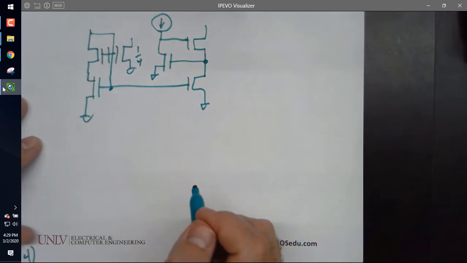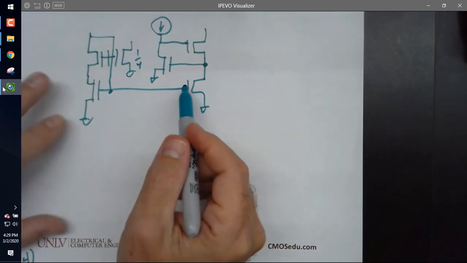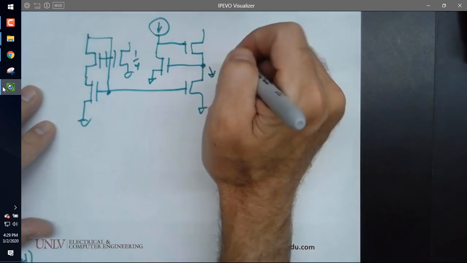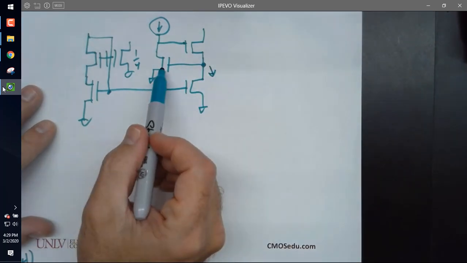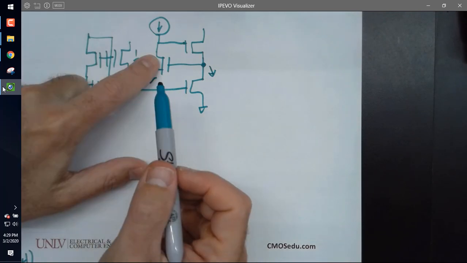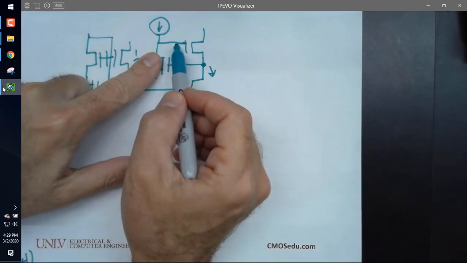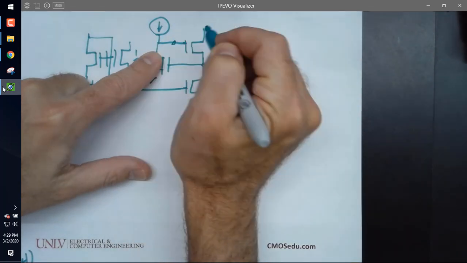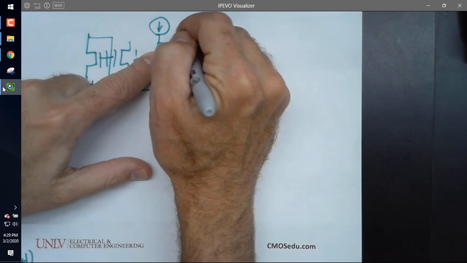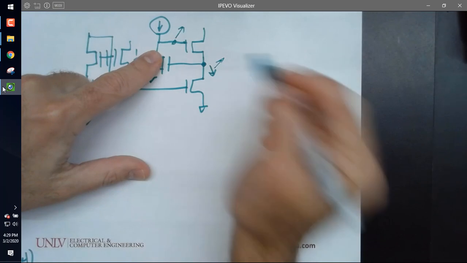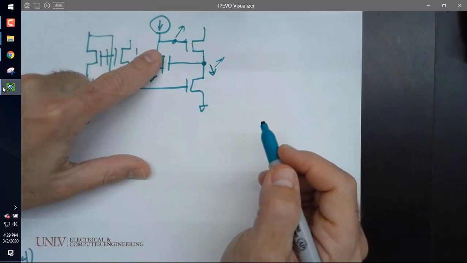Comes over, but the way this works is you see this transistor here? If this node goes down, what does it do to this transistor? Yeah, it shuts it off, right? If it shuts it off and that's a constant current, what does it do to this node right here? Causes it to go up. If this node goes up, it pulls this one back up into place.